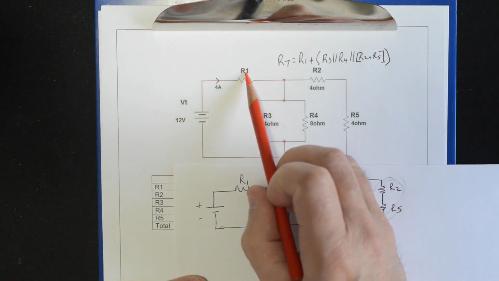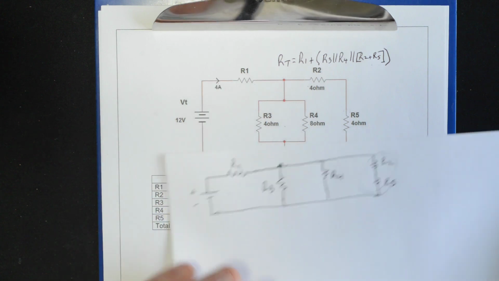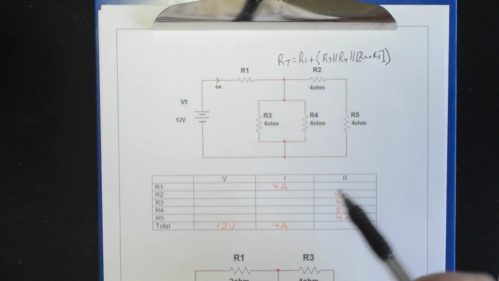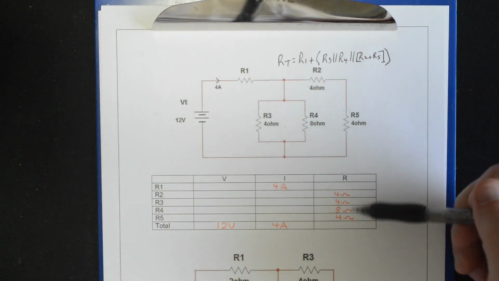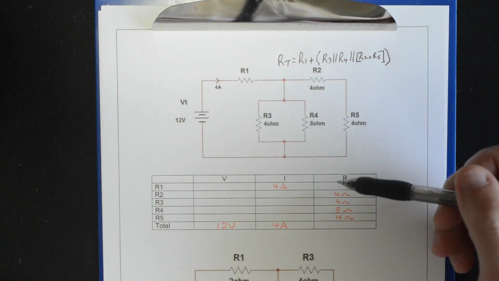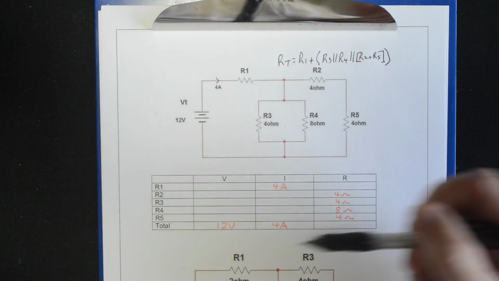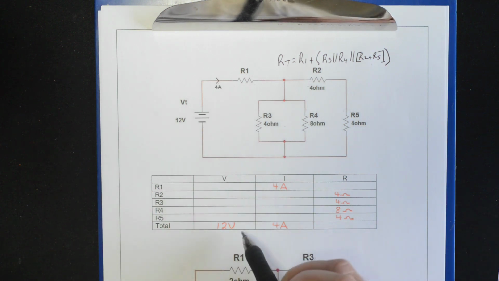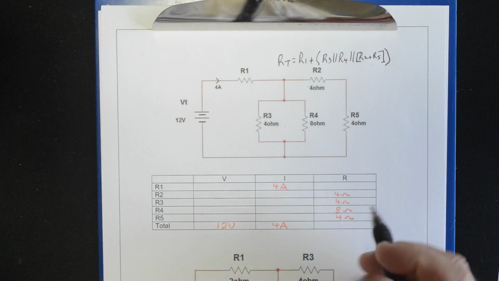Looking ahead, we don't know R1, but we know the current. So let's not get too far ahead of ourselves. What can we do here? If you look along the columns, we don't have all but one, so there's not much we can do here. But if you look along the rows, I have 2 of 3 here, so I can find out what RT is. It's simply RT equals VT divided by IT.